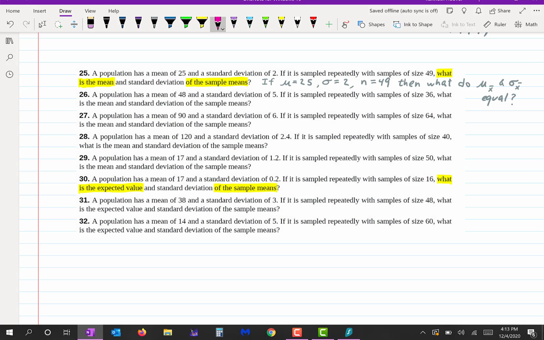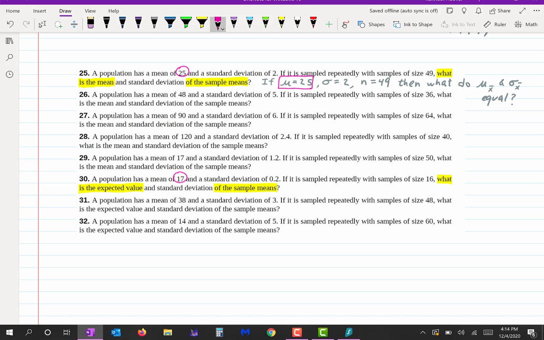For number 30, the answer is 17. Because the mean of the sample means we write down as being the same as the mean of the population. Okay, and let me explain why again, because it's not a simple little thing.